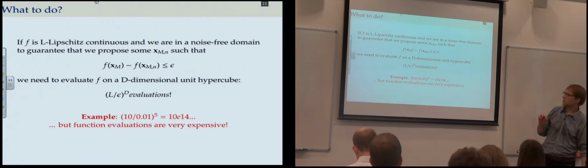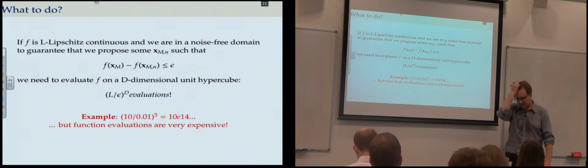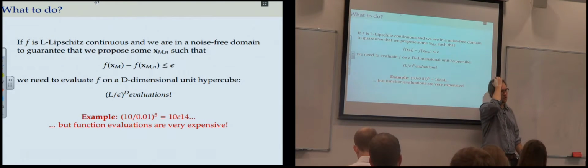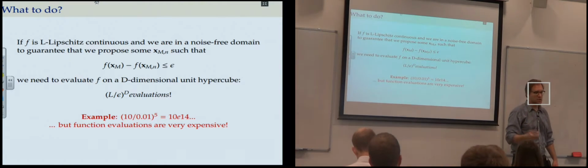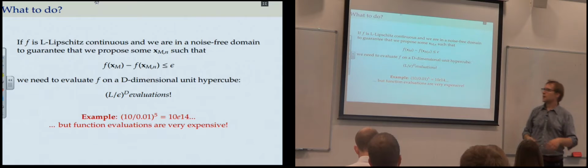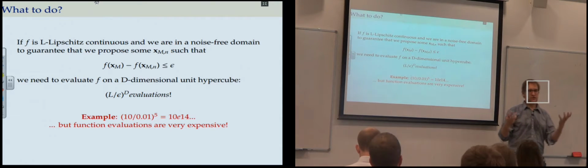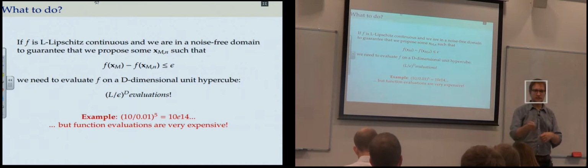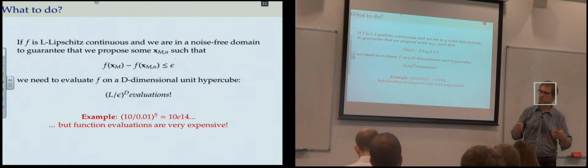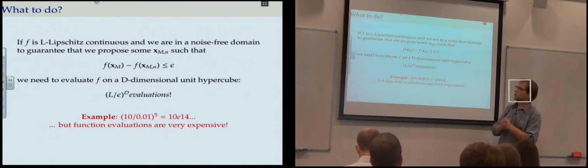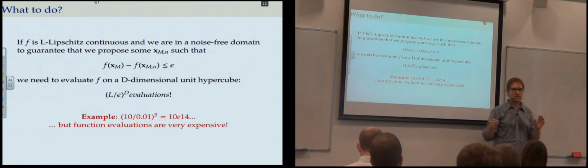So those are some examples. The first thing you can think is, if I want to optimize this function and I don't have direct access to it, I can simply do grid search, right? If I really want to be sure that I'm hitting a point in the domain that is close to the minimum, I can do grid search. Imagine that your function is Lipschitz continuous.